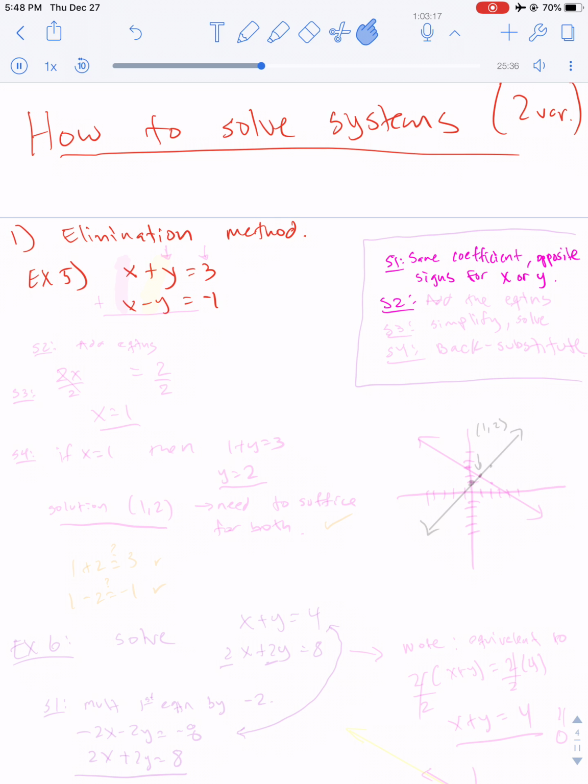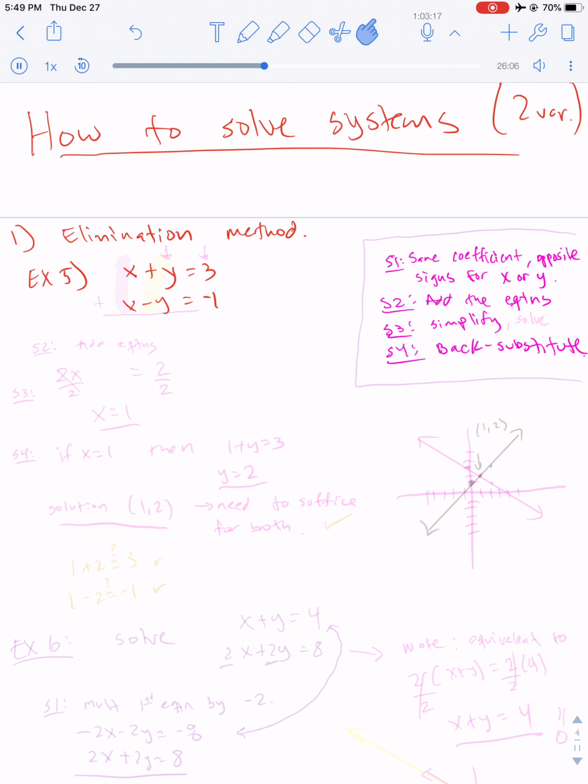Step 2, add the equations. Step 3, you might have to simplify them, divide or something like that. Simplify. And then what they call back substitute.